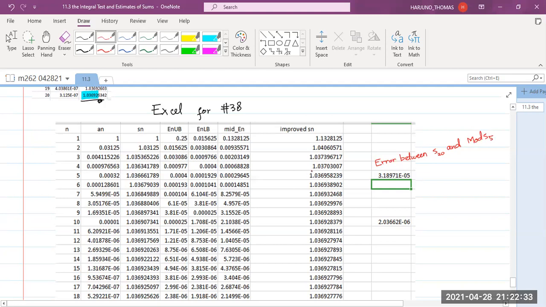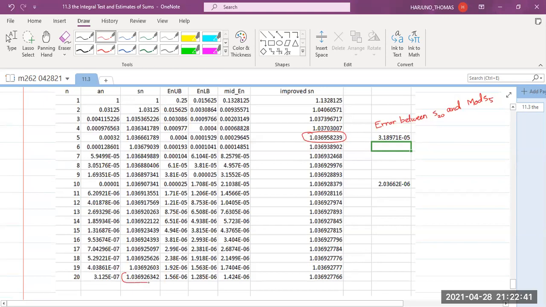The modified S5 is this, compared to if you go to 20 terms. This is the error between S20 and modified S10. That's 0.0000203662.